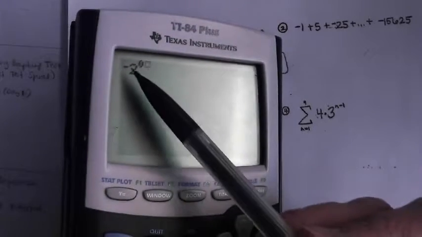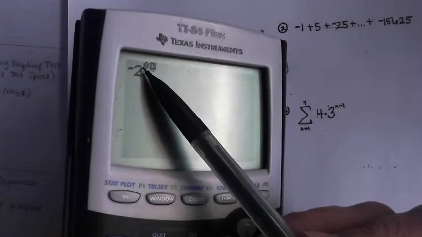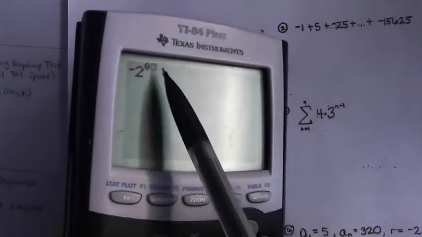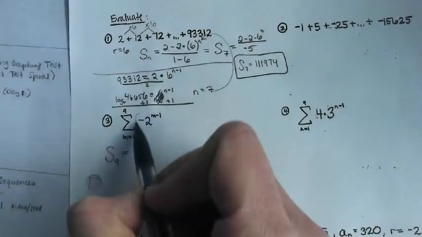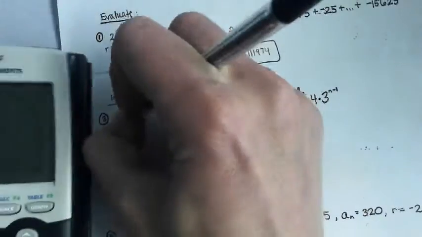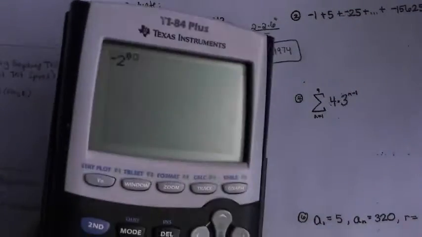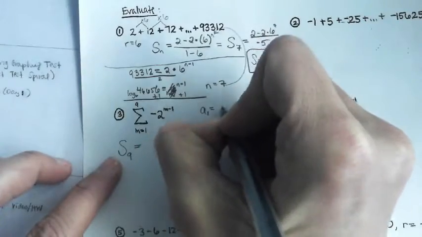Negative 1. The negative isn't being raised to the 0 power, just the 2. If they wanted the negative raised to that power as well, they would have put this in parentheses. And they did not. You see that subtle difference? So this can be tricky. That's an exponential tricky thing. But this will be negative 1. So your first term, a sub 1, is negative 1.